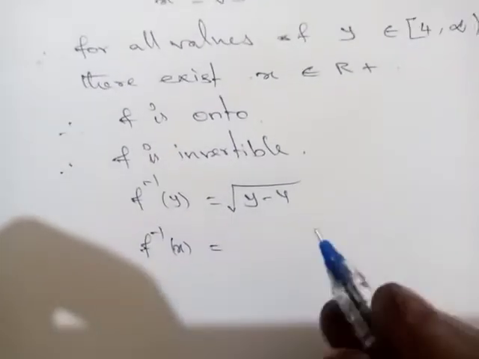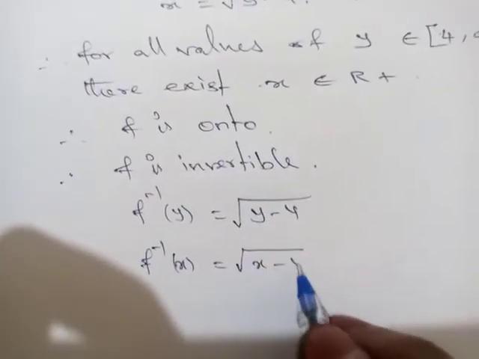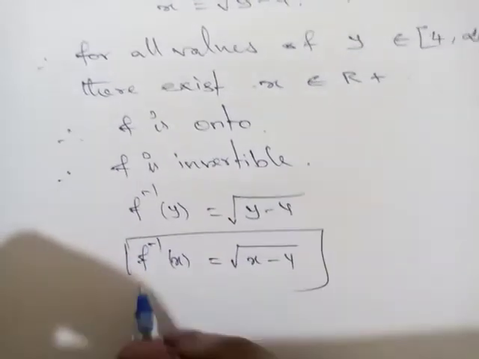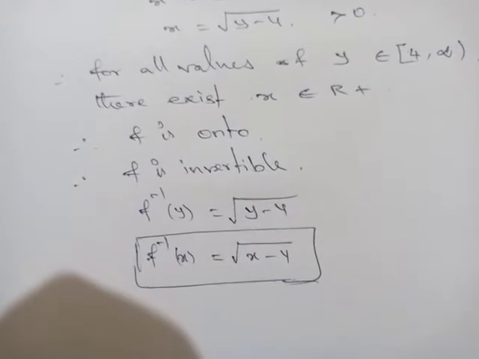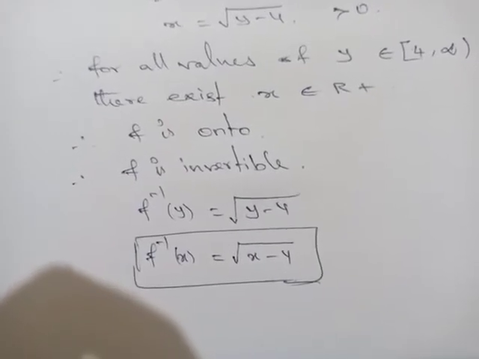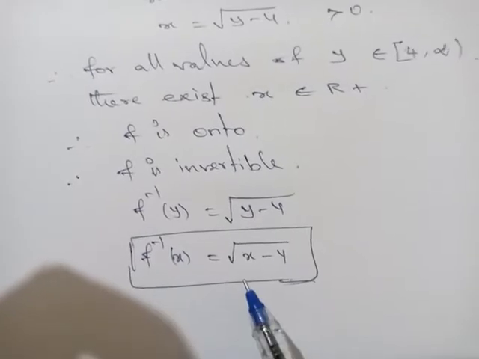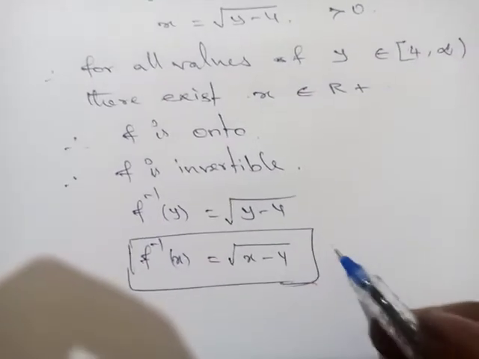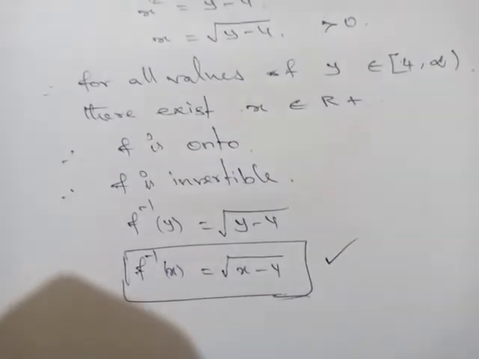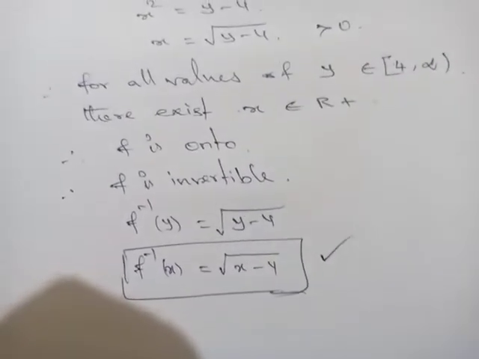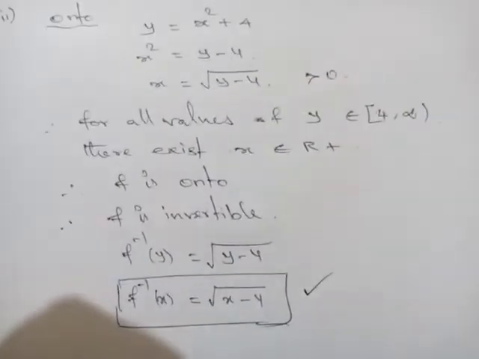So f inverse of x is equal to square root of x minus 4. Actually f of x is equal to x square plus 4, and that inverse function is f inverse of x equal to square root of x minus 4. So like this we can find the inverse. So first, invertible means we have to prove one-one and onto. If both are there, we can say it is invertible.